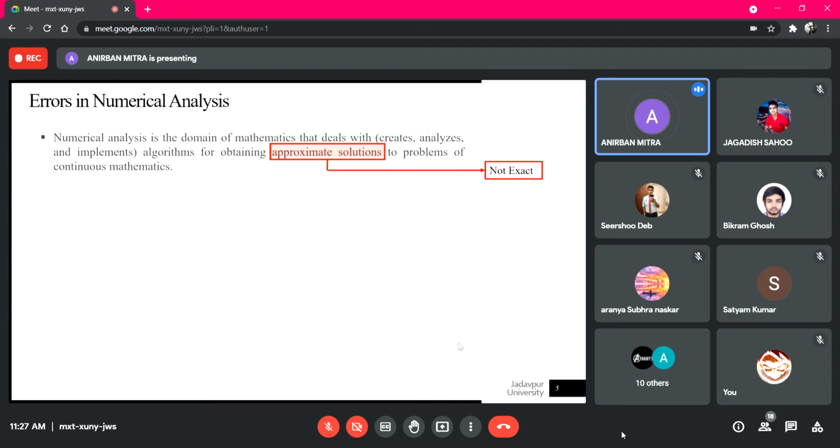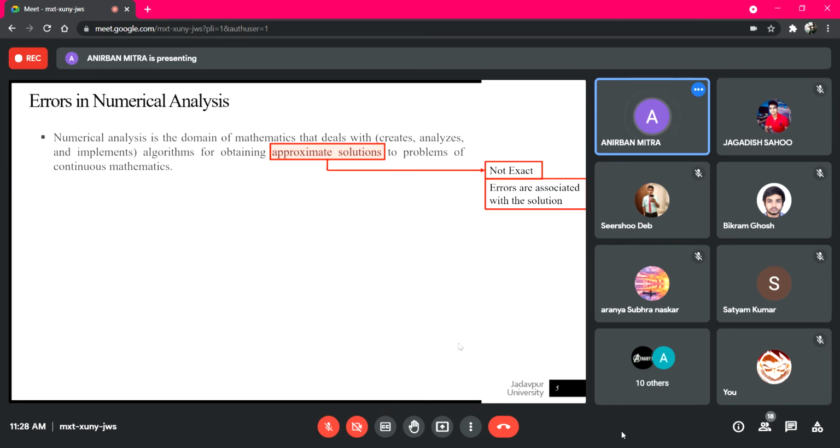As soon as you mention the phrase approximate solution, it means that the results provided by the numerical methods are not exact. There is, in fact, a gap between the exact or true value and the answer given by the numerical procedure. This gap is what is known as the error.